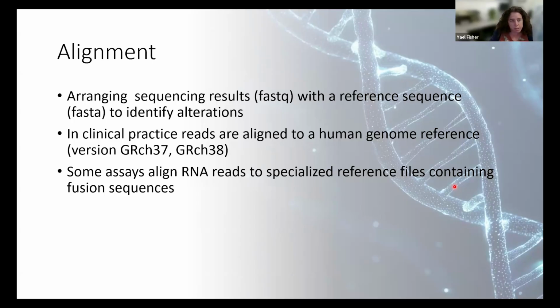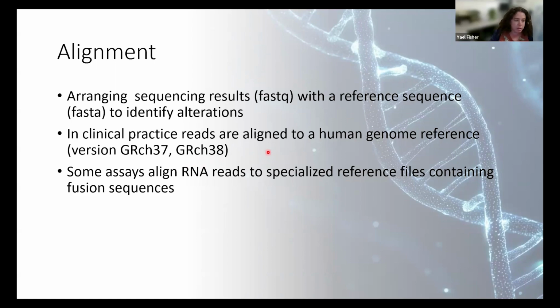Now, for our purposes, we're talking about clinical practice in molecular pathology, so the reads are usually aligned to a human genome reference, and we usually use the GRCH37 version, although occasionally you might see the GRCH38 version.